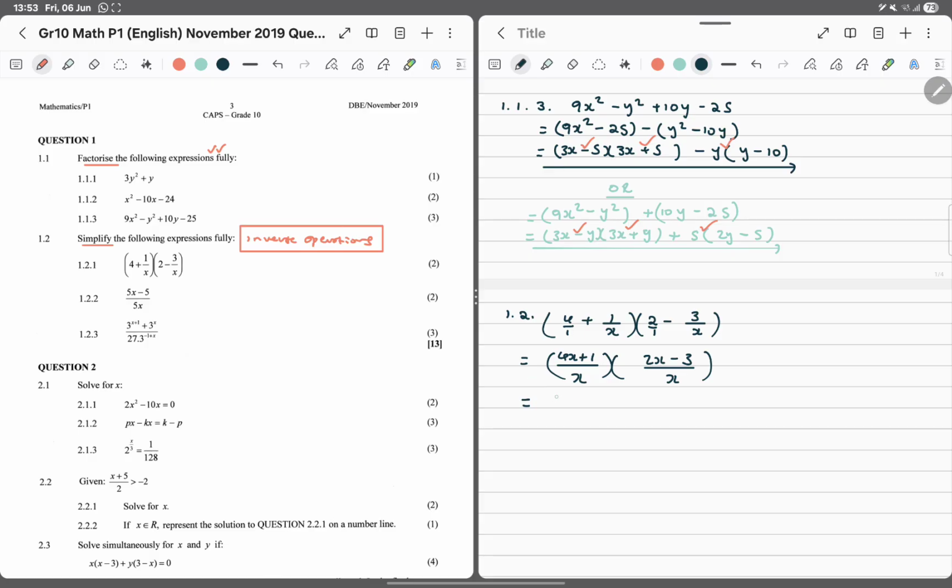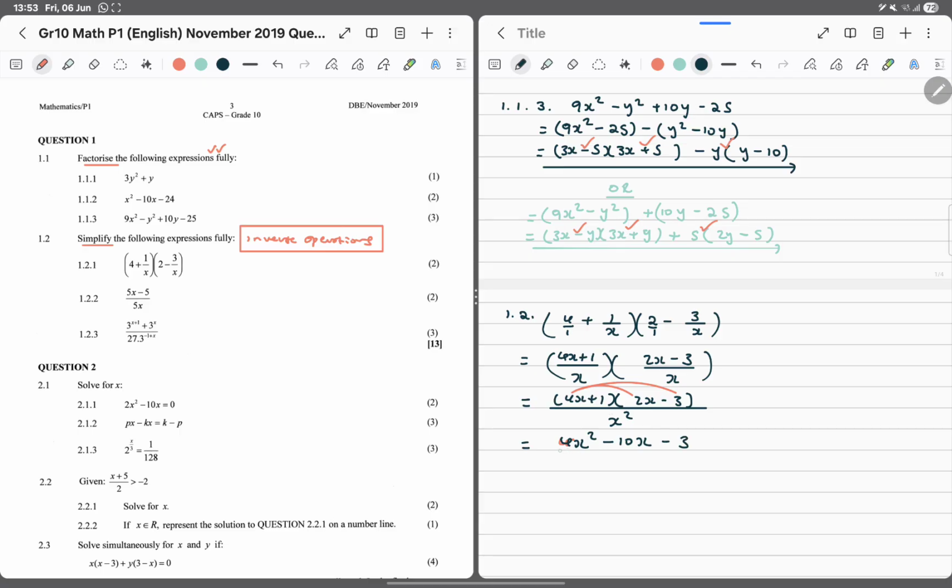So numerators multiply, so this is going to be 4x plus 1 times 2x minus 3, divided by the denominators multiplied, we get x squared. We FOIL out the top, so we get 4x squared, then minus 12x plus 2x is going to be minus 10x.